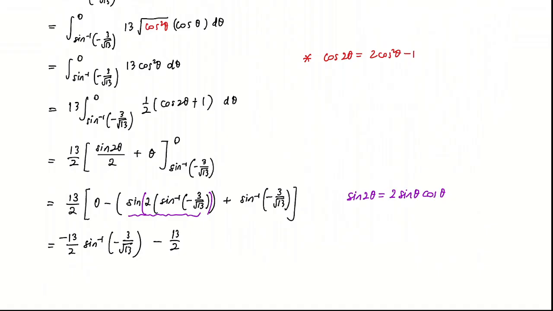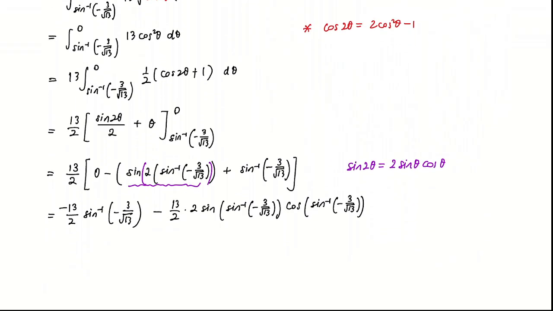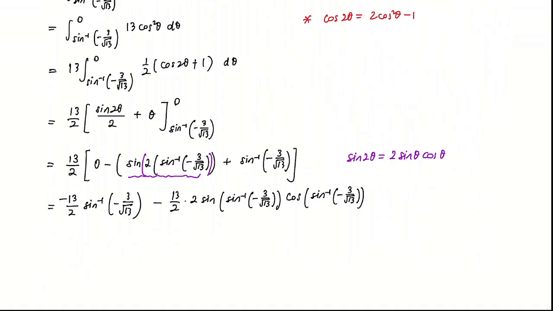It becomes times 2 sine theta cosine theta. Okay, so hope you can see this. Now, let's try to evaluate. This one I keep here first.